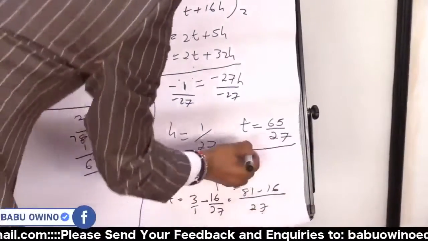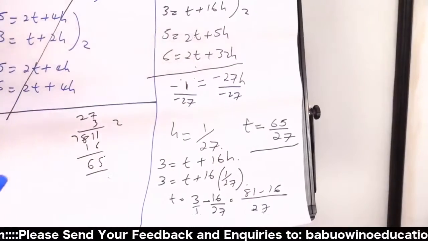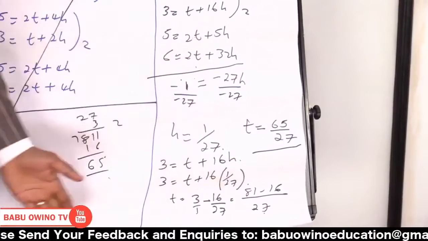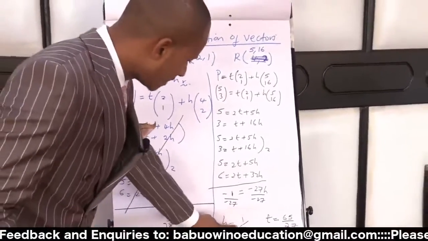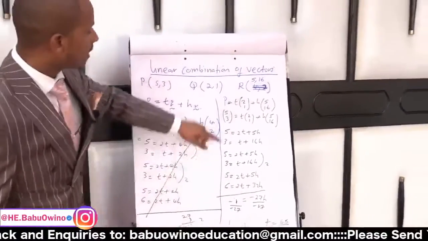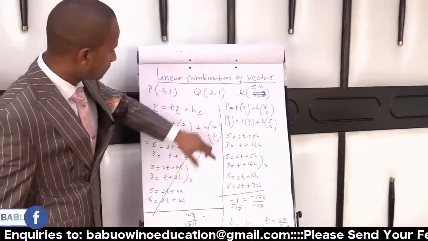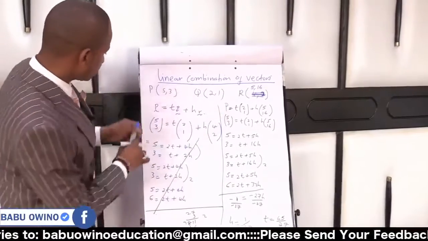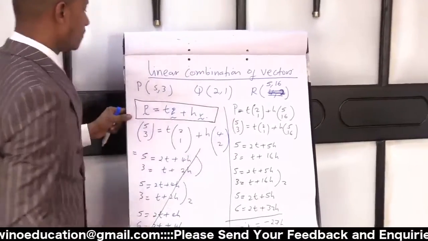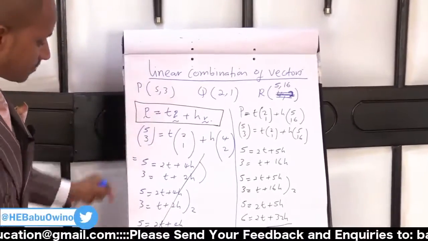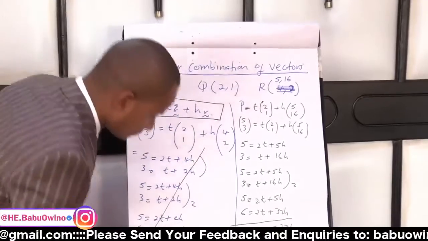Irrespective of whatever value you are getting as your T and as your H, do not worry about it. It doesn't matter. So after getting our H value and T value, you come to your initial equation, here, class. From this initial equation, just replace, concentrate here.